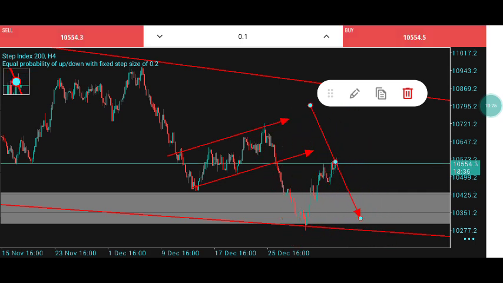The first and the second TP have been reached, as the first leg here equals the second leg here. The legs are equal or almost equal, meaning the price is about to change its tune and go up. And that's it for now.